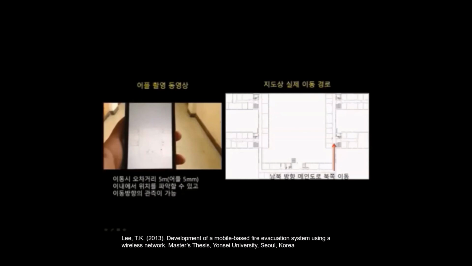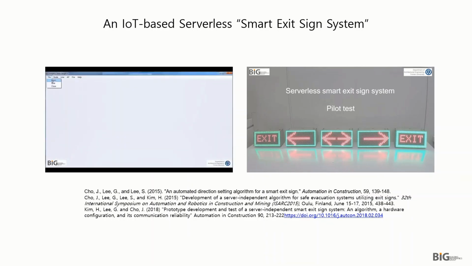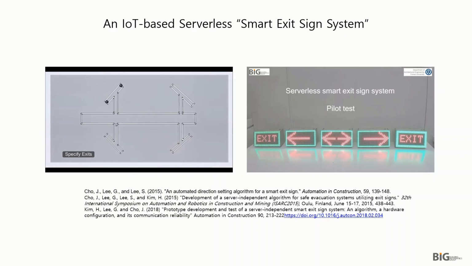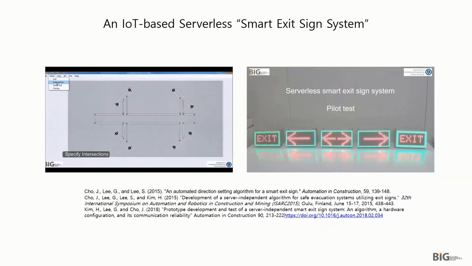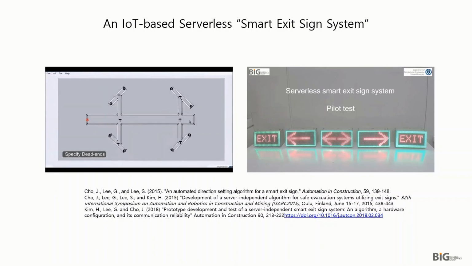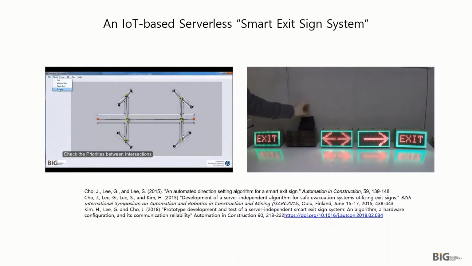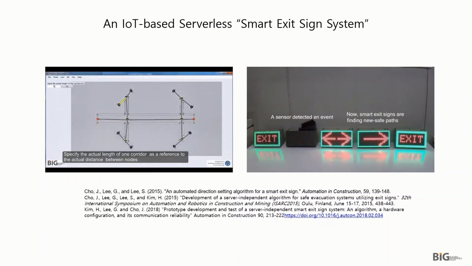So I was in trouble, and I developed something else, an IoT-based smart exit sign system. The exit usually has a fixed pictogram like that. But what if there is a fire in that direction? We will die. So what I made is an IoT-based system that can automatically change the direction based on the fire detection sensor. So we can probably use this much better.